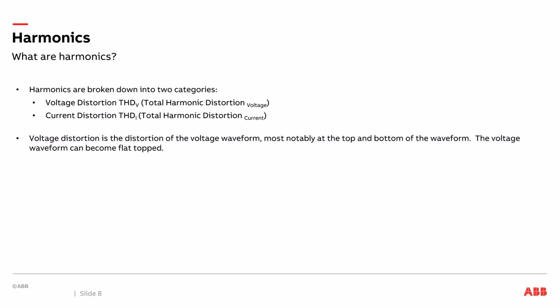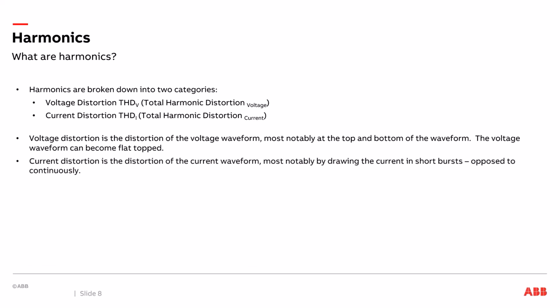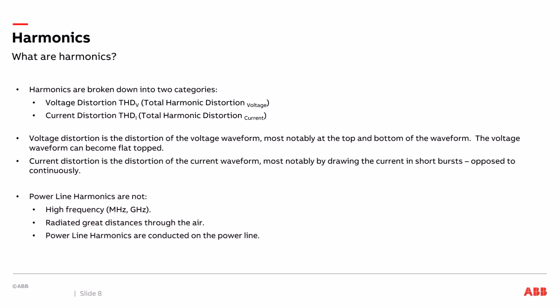It's mostly noticeable at the top and bottom of the waveform. The voltage waveform can become flat topped. Current distortion is a distortion of the current waveform. It's mostly notable by drawing current in short bursts, as opposed to continuously. Power line harmonics are not high frequencies in megahertz or gigahertz, and they don't radiate long distances through air. The harmonics are conducted on the power lines.